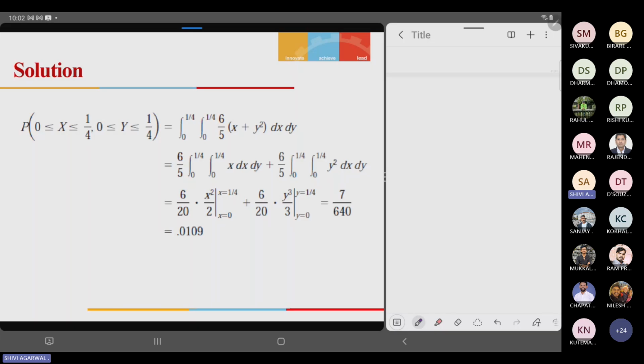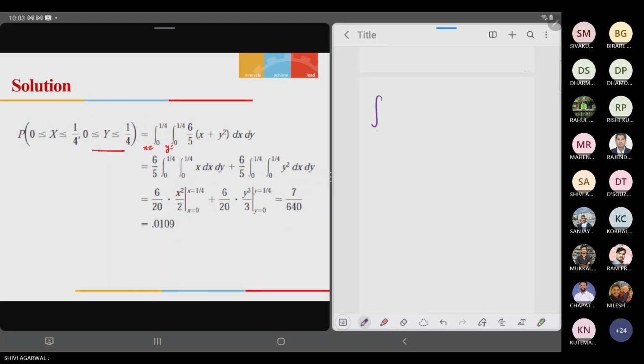So they are not busy till 1/4 of the time. That's why X is from 0 to 1/4 and Y is also 0 to 1/4. So X is equal to 0 to 1/4, Y is equal to 0 to 1/4, and the density function is 6/5 (x plus y squared) dy dx.